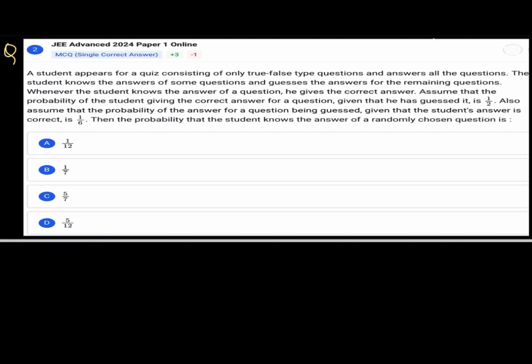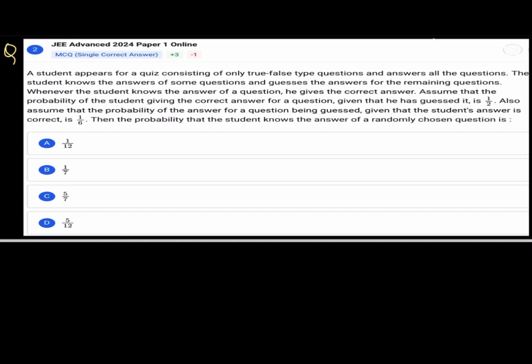answers all the questions. The student knows the answers of some questions and guesses the answers for the remaining questions. Whenever the student knows the answer of a question, he gives the correct answer. Assume that the probability of the student giving the correct answer for a question given that he has guessed it is 1 by 2.